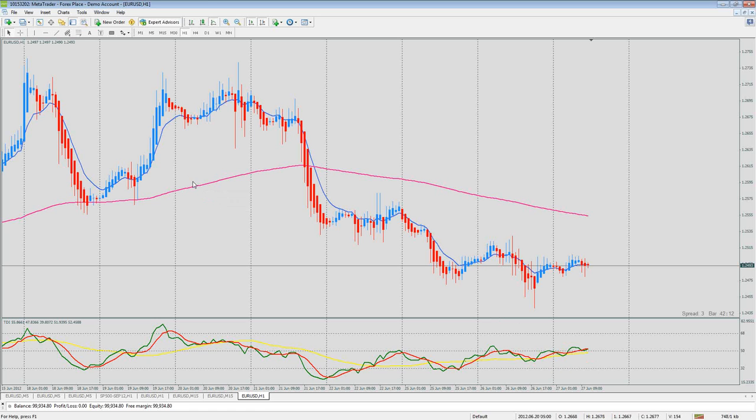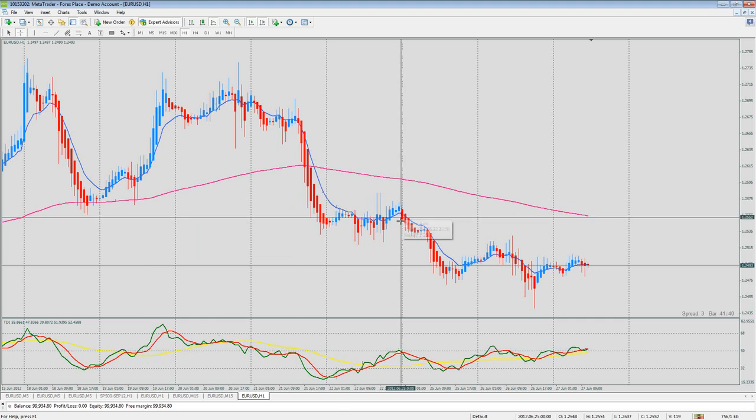We saw that when the candles are blue above the 200 EMA and crossing above the 10 EMA, we're looking for long. And then when we have the green RSI, which is part of the TDI indicator, the green above the red and the yellow lines and above 50, that's a signal for long.